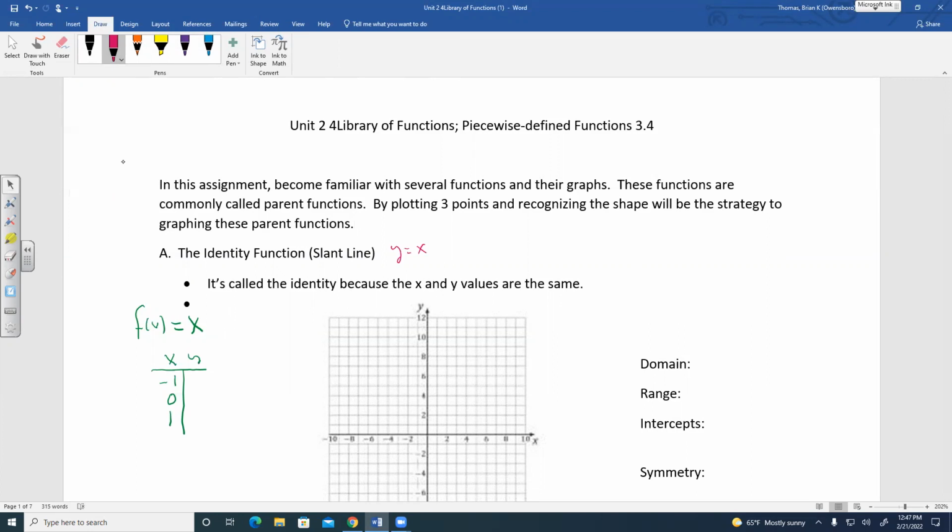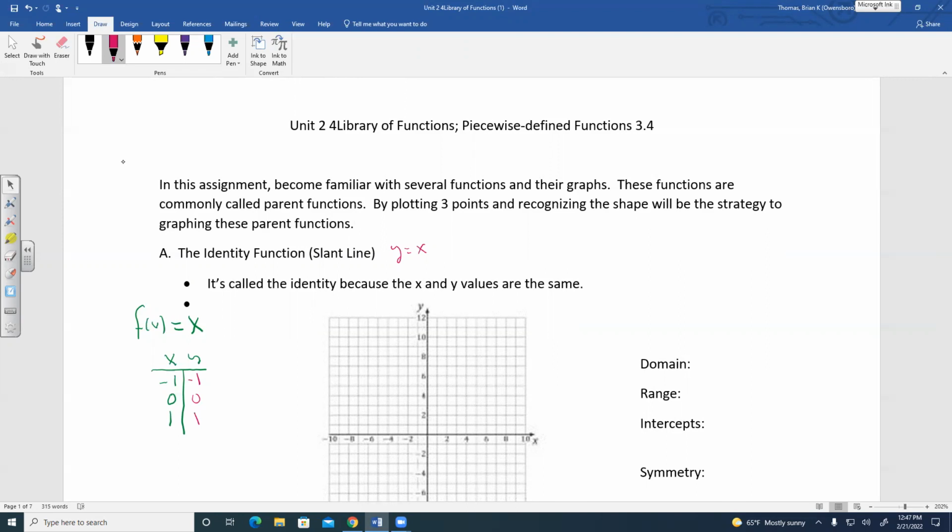So identity just means the x value and the y value are identical. So if I have a -1, I have a -1. If I have a 0, I have a 0. If I have a 1, I have a 1. So -1, -1, 0, 0, and 1, 1 is kind of what that means just by recognizing identity function.